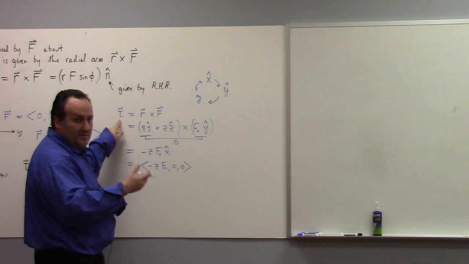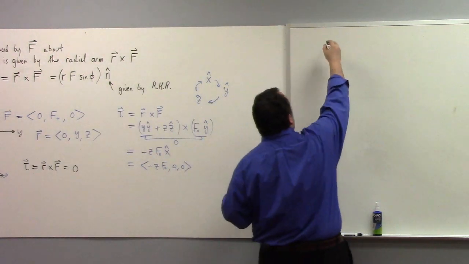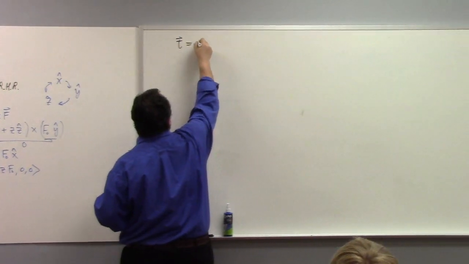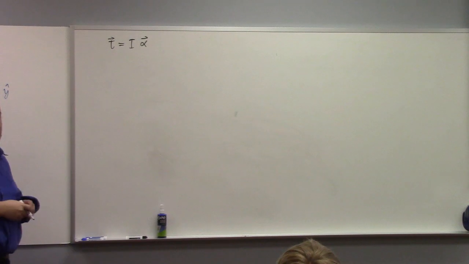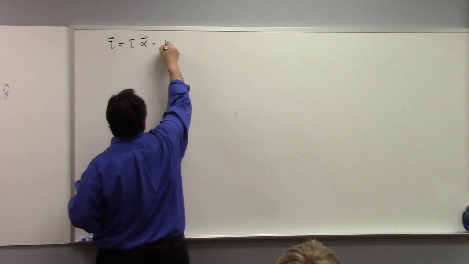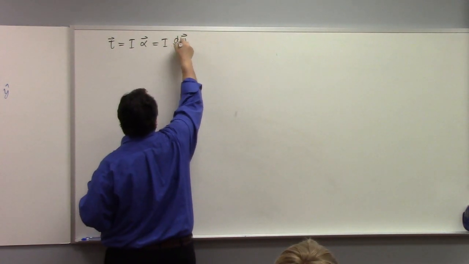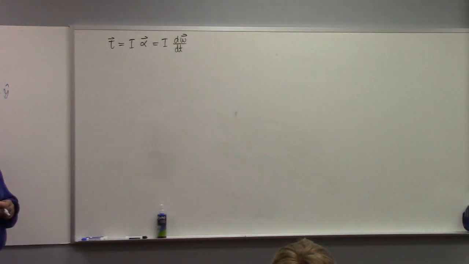What direction do you give the angular acceleration if you write such an equation? And conversely, that's I times d omega vector dt. How should you think about the direction of the angular velocity?